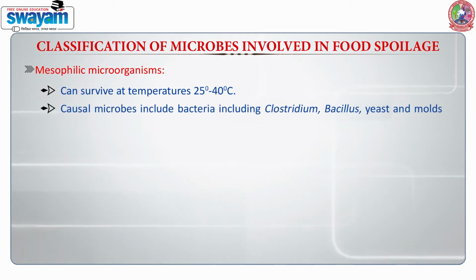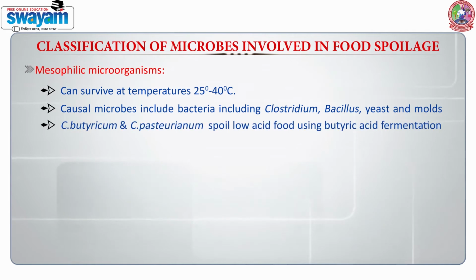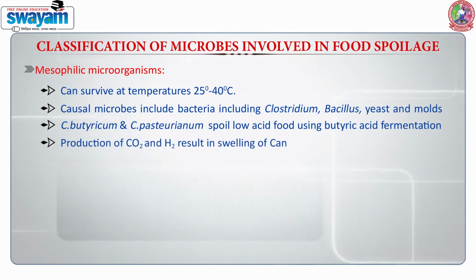These include bacillus, yeast, mold, clostridium species, and they spoil foods which have low acid content, and they bring about butyric acid fermentation. As a result of their activity, carbon dioxide and hydrogen gases are produced which are responsible for the swelling of the can.